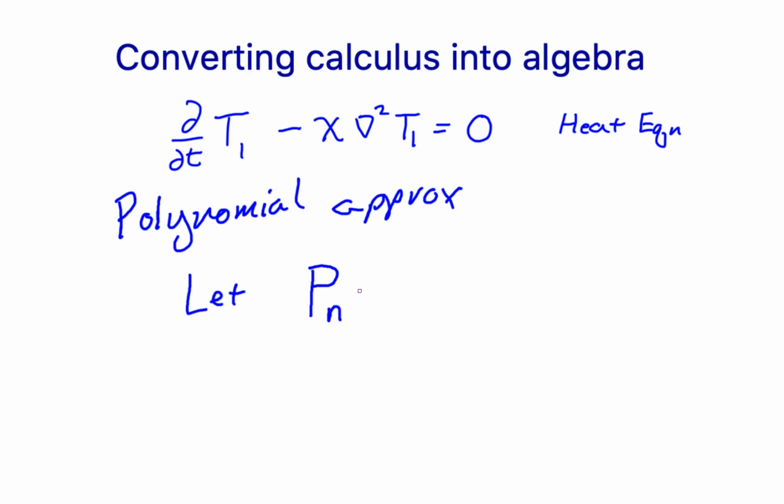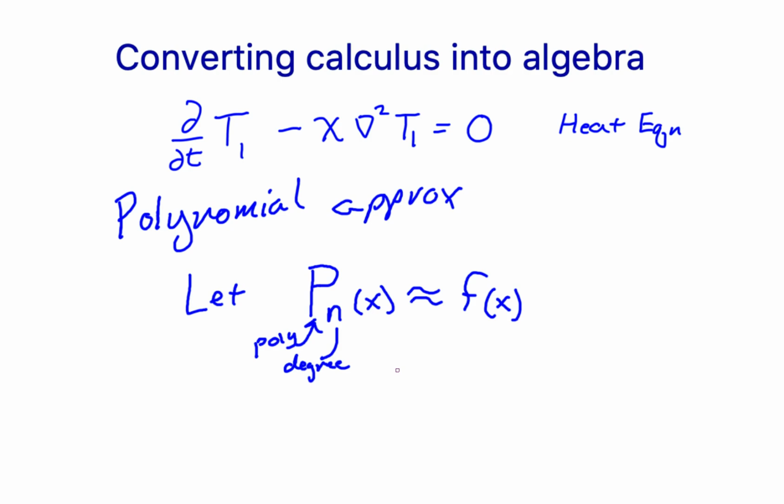We're going to call it P sub n. We'll think just spatially to begin here. We're going to say that there's some polynomial that approximates some function that we want to understand. So P sub n, this is our polynomial, and it's got a degree of n in this representation.